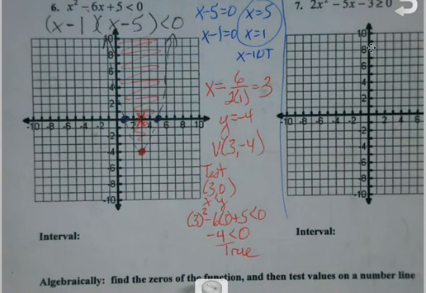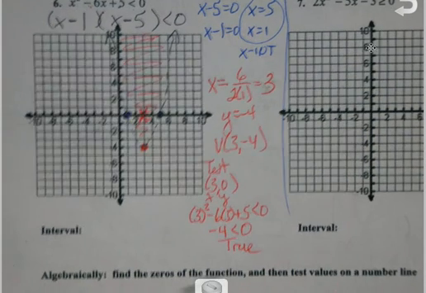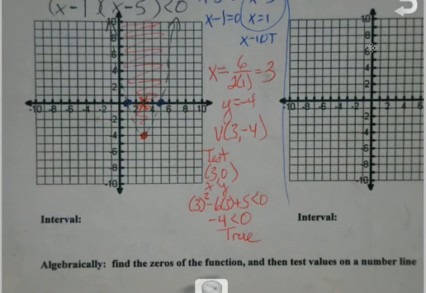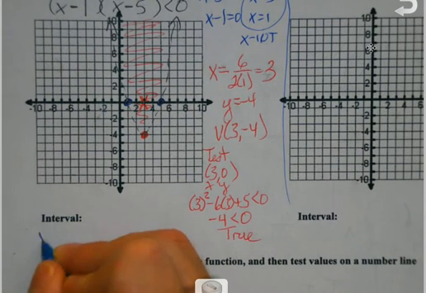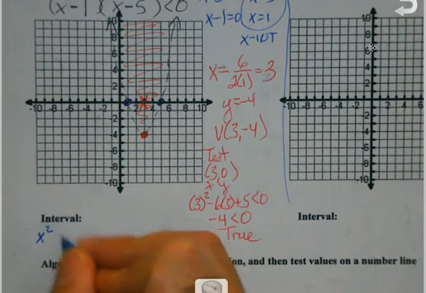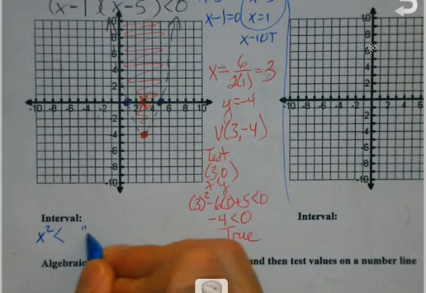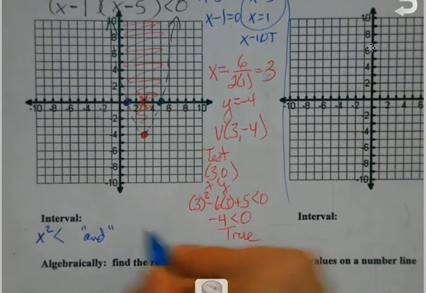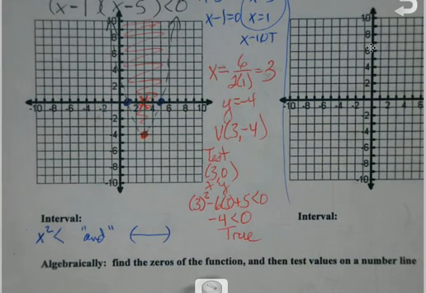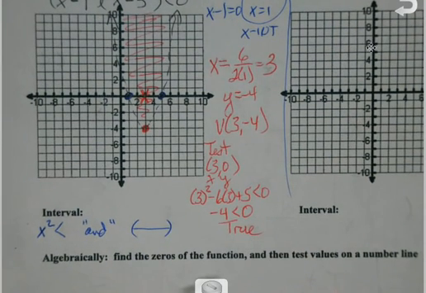I shade inside. But this time there's one little part that's left. It wants to know what the interval notation of the solution is. And here's where our combination from what we've graphed before comes into play. When we were graphing before and we were doing interval notation with parabolas, if my x squared value was something that was less than, that was an and statement, and when we did our interval notation, it was in between like this.